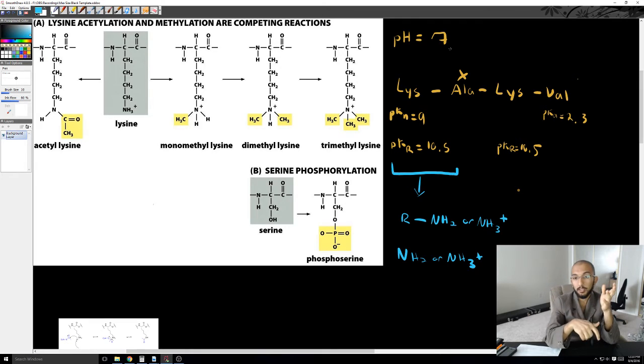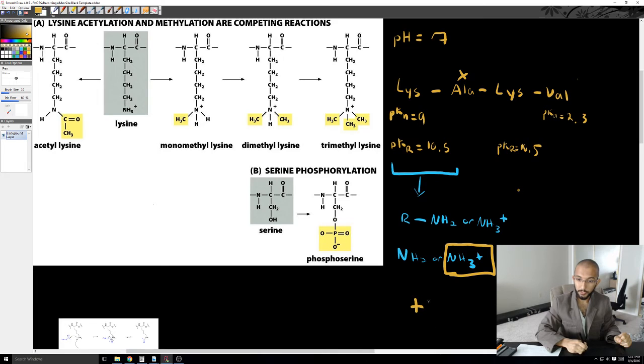So if we just look at the pKa value of the N terminus of lysine, not the R group, 9 is greater than 7, so that group is stronger. It's more likely to rip off that hydrogen and hold it. And that's exactly what it does. It's going to take the hydrogen from solution and exist in the NH3 form. So we have a plus 1.